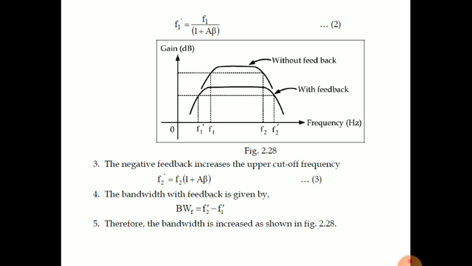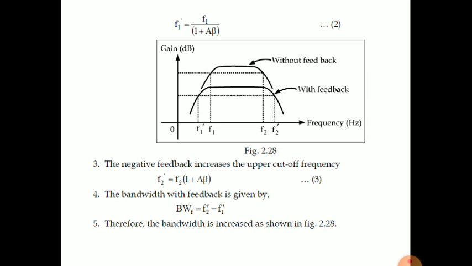So the bandwidth after negative feedback is applied is given by bandwidth is equal to F2 dash minus F1 dash. Therefore the bandwidth is increased. Overall the bandwidth is increased.